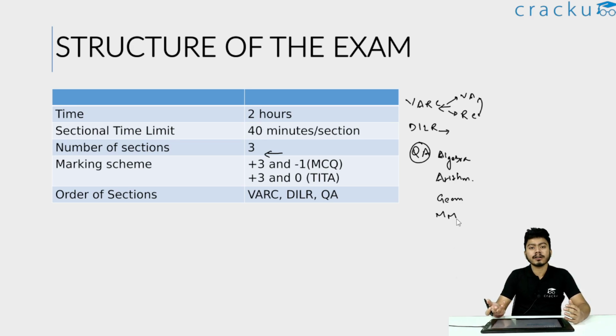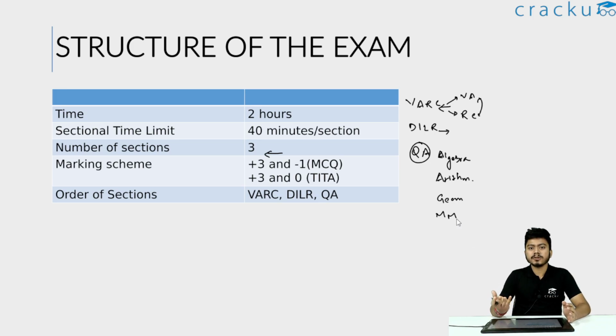Algebra might have linear equations, quadratic equations, all these topics. Geometry will have triangles, circles and stuff. Modern maths will have permutation, combinations, number systems and all these topics. So CAT has a very well defined syllabus in this. You need to go through the fundamentals very well and then practice a lot in order to excel in this section. So this is all about the 3 sections that CAT has.